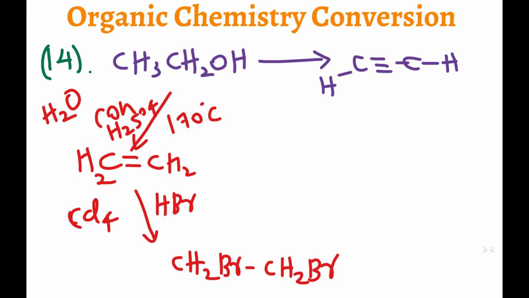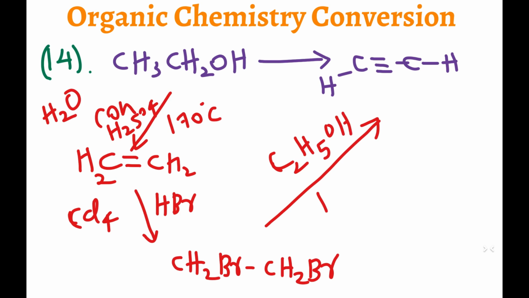In our final and last step, we have to use alcoholic potassium hydroxide or sodium hydroxide. For the alcohol, I am going to use ethanol. Ethanol structure is C2H5OH, and potassium hydroxide I am going to use.